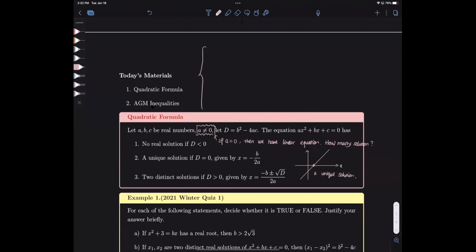They can say, find values of A such that the following equation has a unique solution.